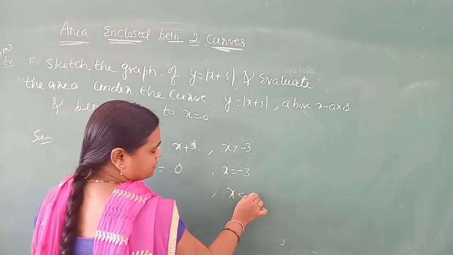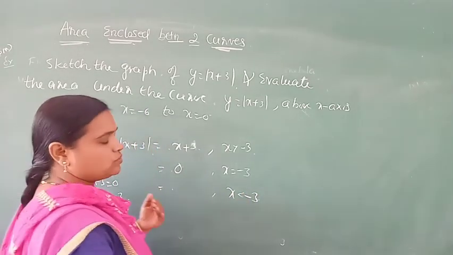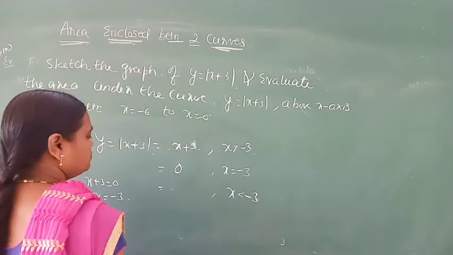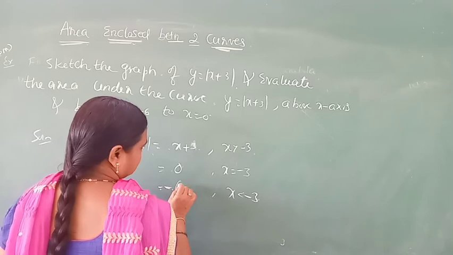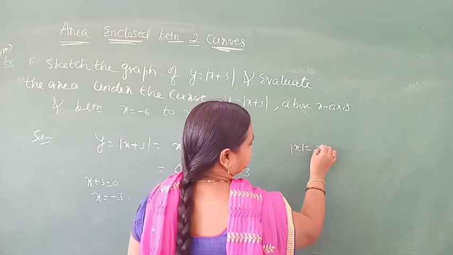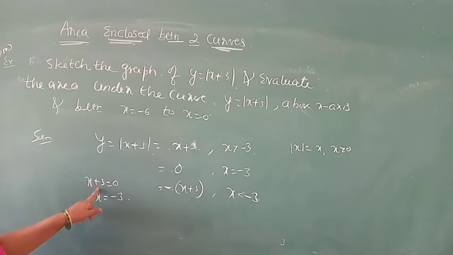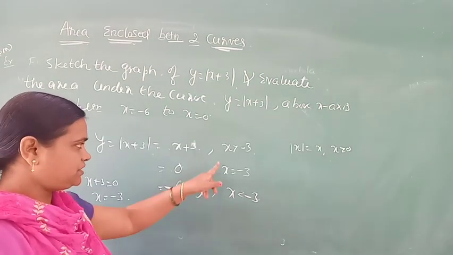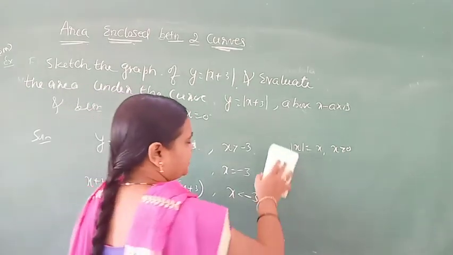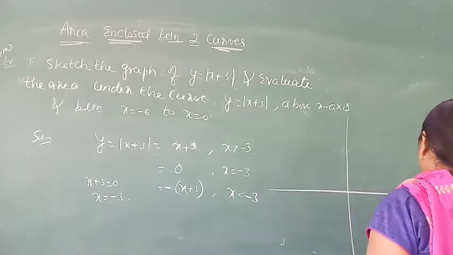If I substitute x less than minus 3, means minus 4, minus 5, minus 6, we get negative values. The same condition as we have done here: mod x is x, condition x greater than 0. Here the point is not mentioned, therefore we are taking 0. Here the point is already mentioned, plus 3, therefore we are taking x equal to minus 3: x less than minus 3, x more than minus 3. And already the point is mentioned in the drawing, the rough sketch diagram.